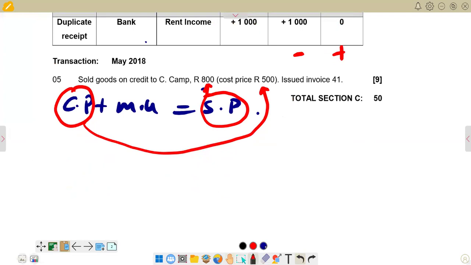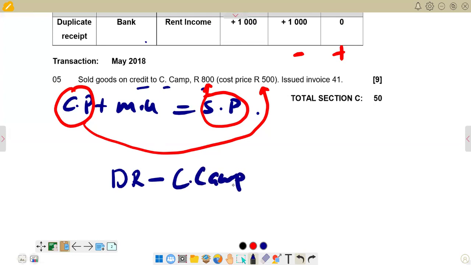So let's put down the double entries. For the first double entry, we are going to debit using the selling price. These goods are being sold on credit, so we open an account in the name of the person or business that we are selling goods to on credit. In this case, we are selling to CCAB, so we debit the CCAB account.